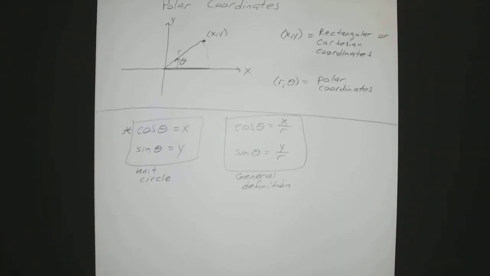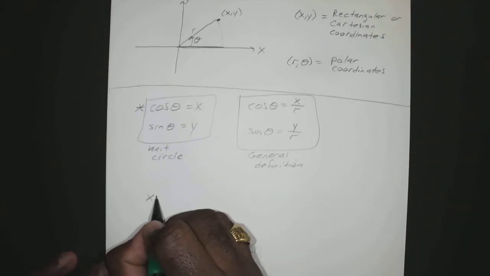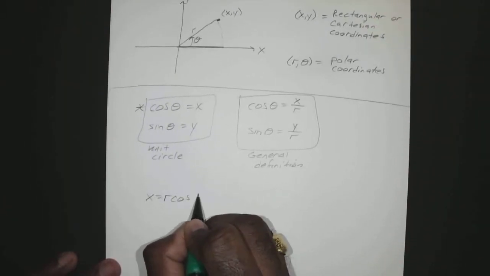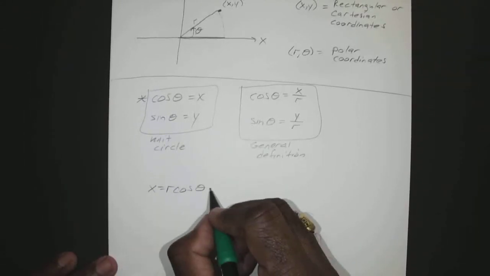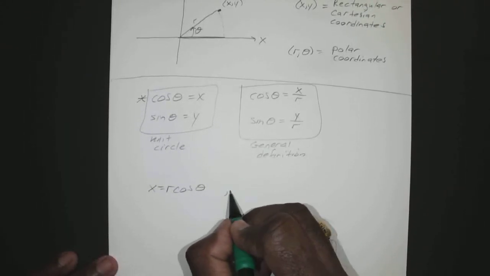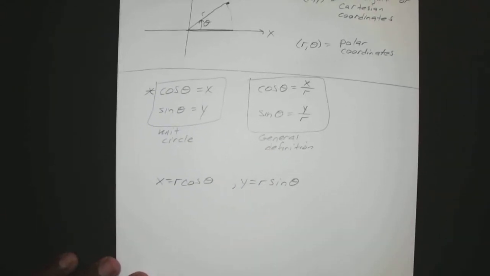Okay. So if we multiply both sides by r, our radius, we have x equals r cosine of theta, and y would equal r times sine of theta. Okay.